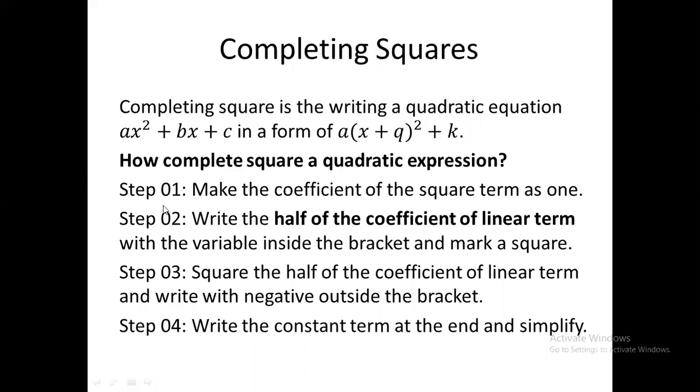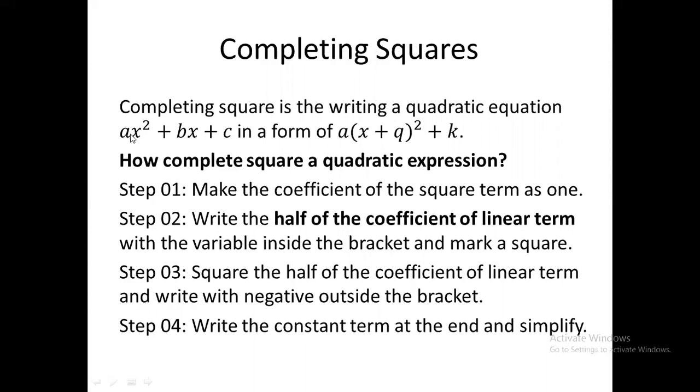The first step is to make the coefficient of the square term 1. Suppose the expression is 2x squared plus 3x plus 4 or something, here the coefficient is not 1, so we have to make it 1. Let's see how to do that later.